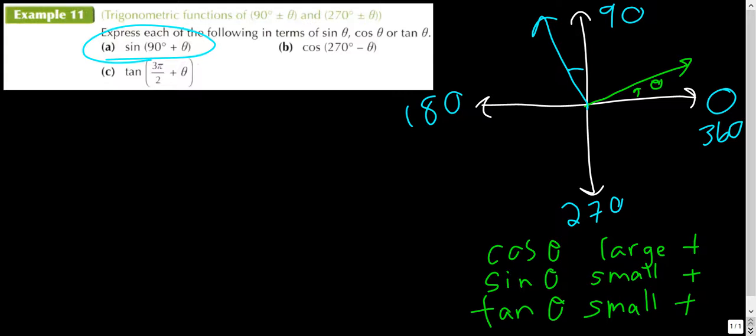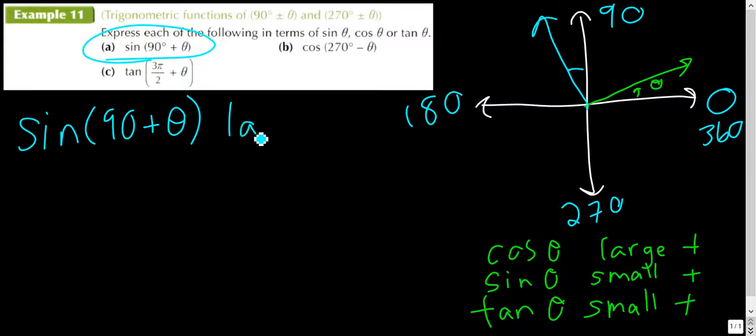Well, the sine of 90 plus theta, that appears like a large number, and it's positive. Well, if I look down here, a large positive, I see, right? The same amount that cosine is large in the original theta is the same amount that the sine is large in 90 plus theta.